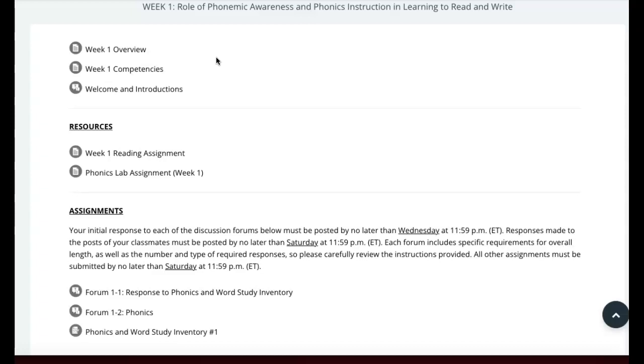But let's step back for a moment and look at these closely related yet totally different methods of instruction. Think of phonological awareness as the overarching method. Phonological awareness is about being able to hear and manipulate units of sound in spoken words.